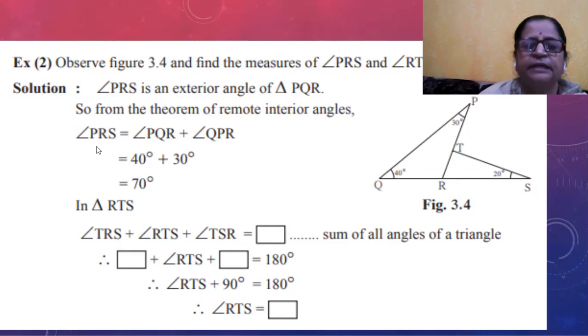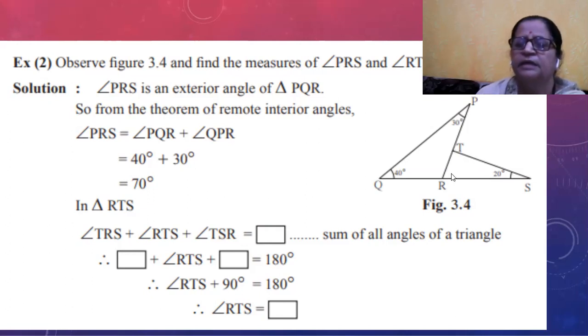Therefore, angle PRS is equal to angle PQR plus angle QPR. Angle PQR is 40 degrees and angle QPR is 30 degrees, as given here. Adding these, we get 70 degrees.